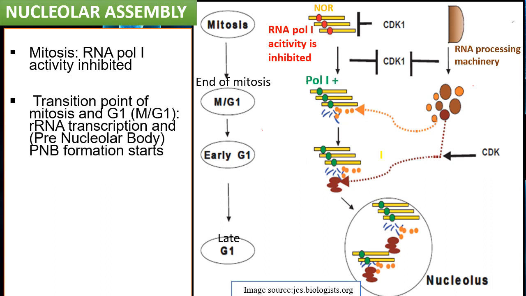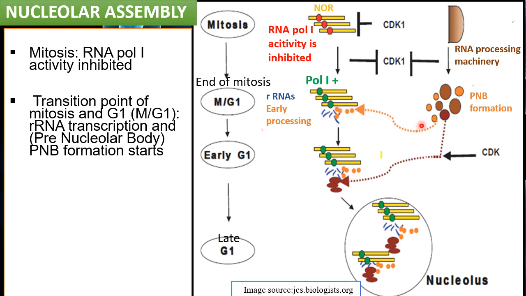At the end of mitosis, the RNA polymerase 1 activity is initiated as cyclin dependent kinase 1 is inhibited by some other factors. When RNA polymerase 1 is activated, transcription of ribosomal RNA takes place, and the transcription process is represented with these blue dashes.